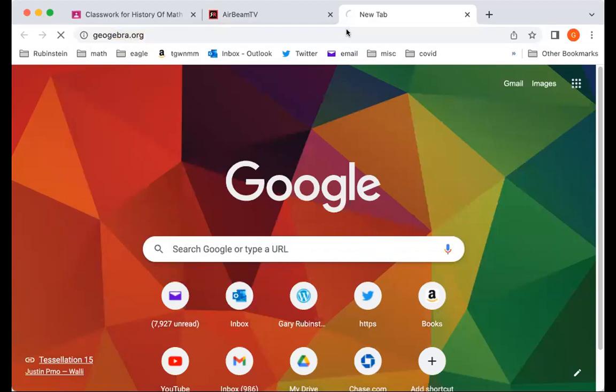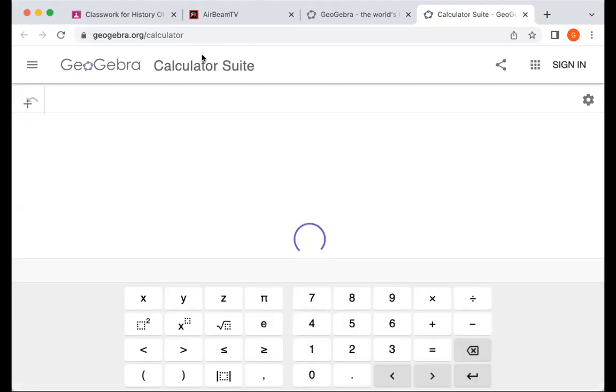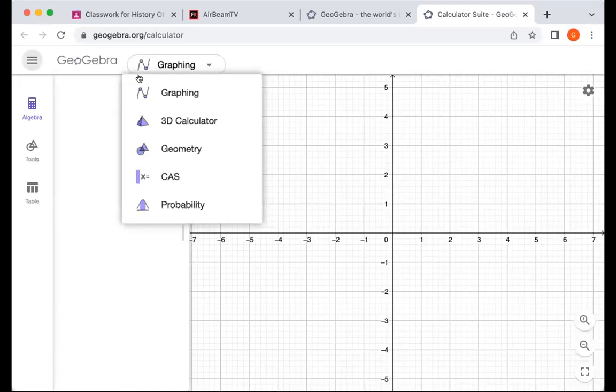You type geogebra.org, start calculator. That's coming up kind of slow. I like geometry.